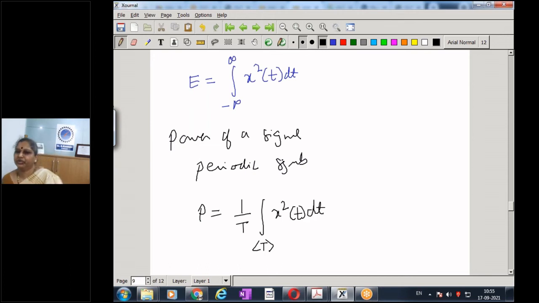So the power of a periodic signal or energy of a non-periodic signal. We will not try to compute power of a non-periodic signal or otherwise. And usually random signals are also power signals. So this is by definition the energy and power of a signal.